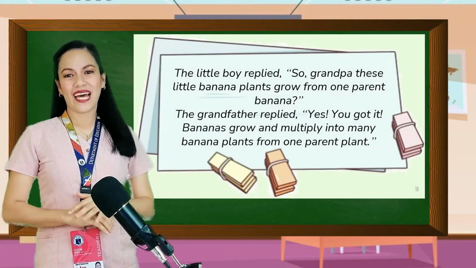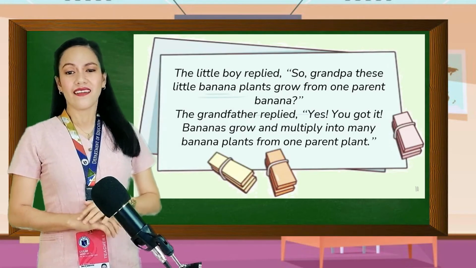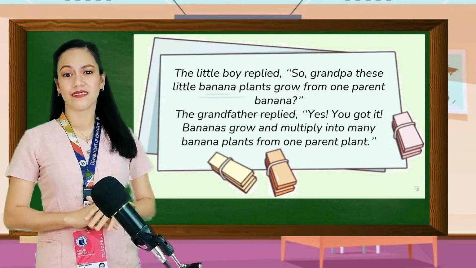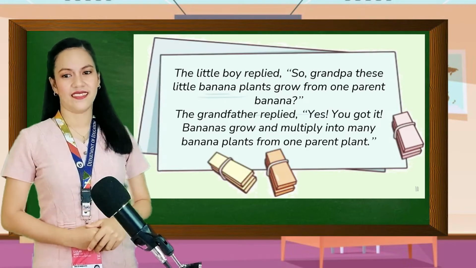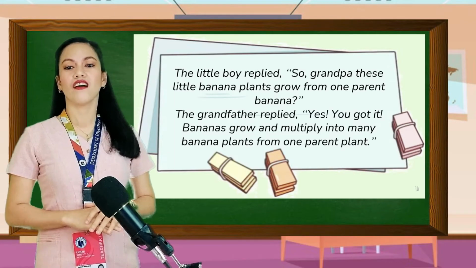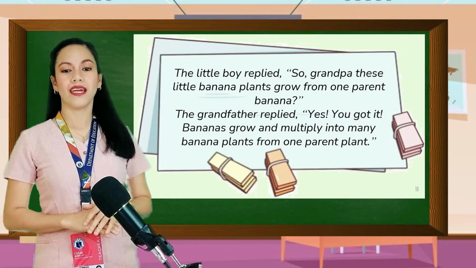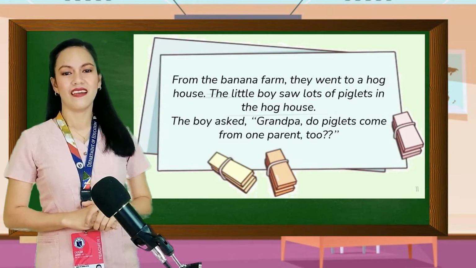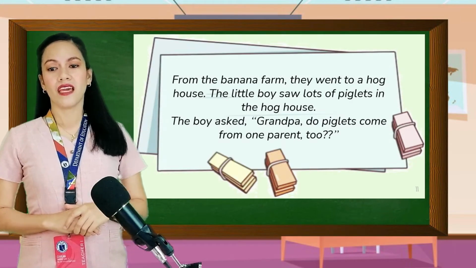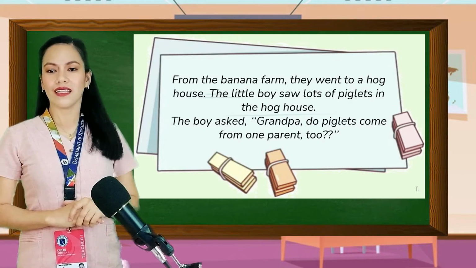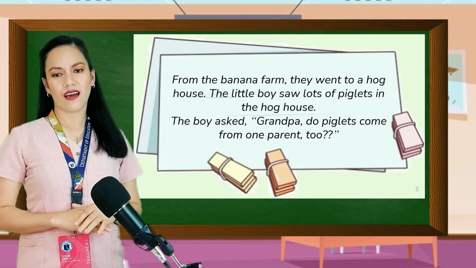The little boy replied, "So Grandpa, these little banana plants grow from one parent banana plant?" The grandfather replied, "Yes, you got it. Banana plants grow and multiply into many banana plants from one parent plant." From the banana farm, they went to a hog house. The little boy saw lots of piglets in the hog house.